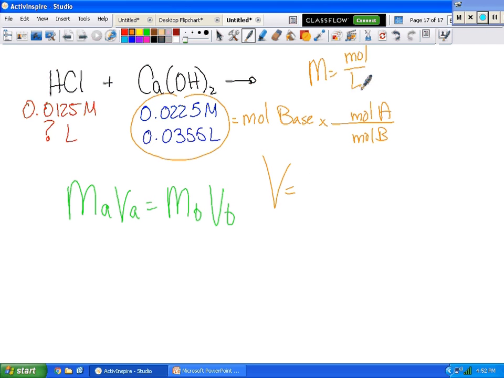So moles divided by molarity. How big of a pain in the butt would that be? You would find your moles of base, go mole to mole up to your acid, plug the moles of acid in and divide it by this concentration. And that would give you your number of liters. That's stoichiometry. I'm sorry, that's much easier.